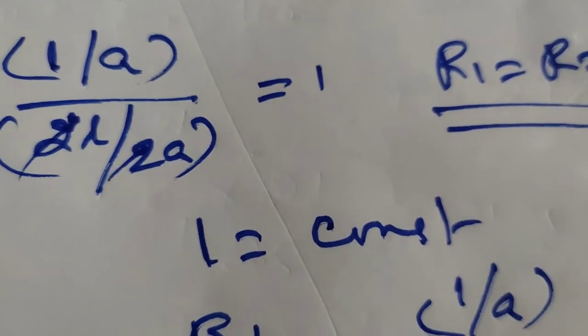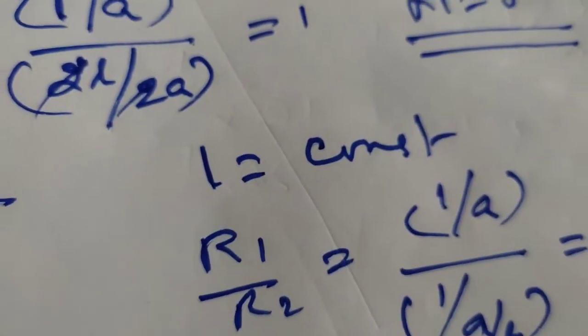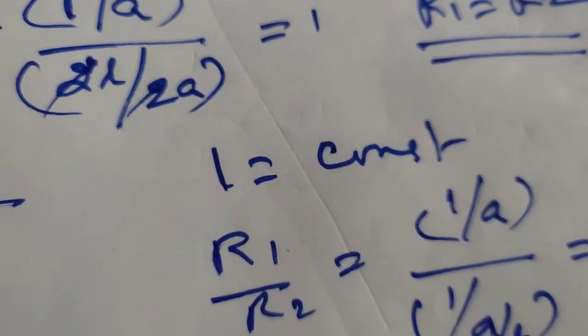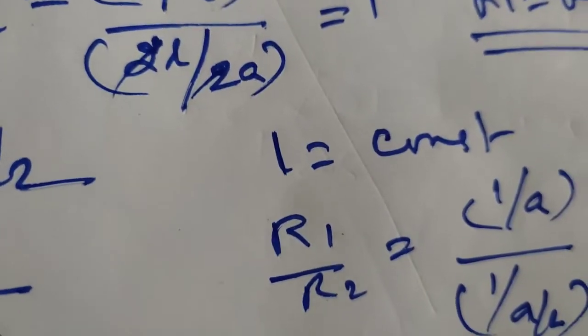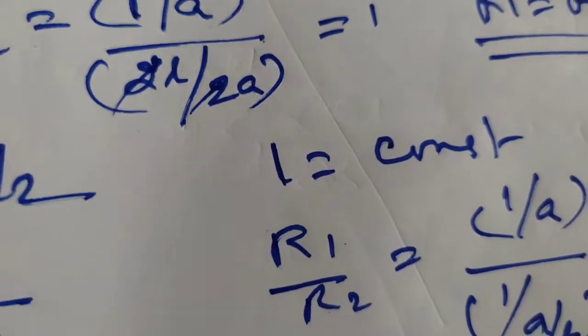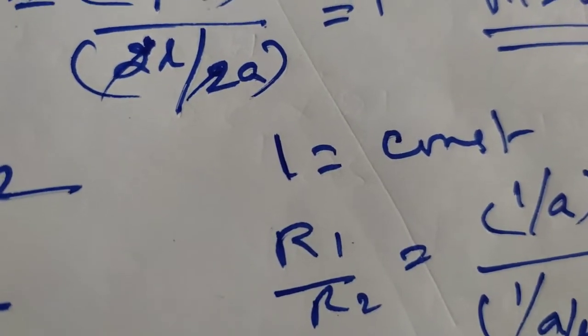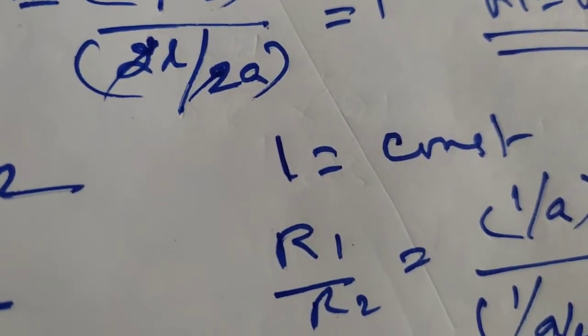That becomes half. That means R1 by R2 is half, so R2 becomes 2 times R1.